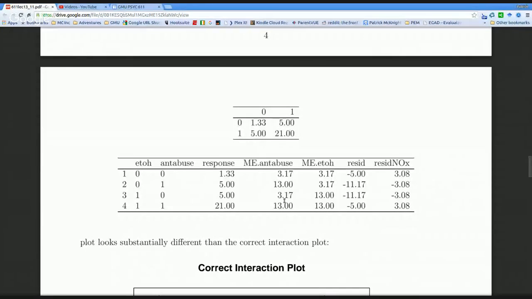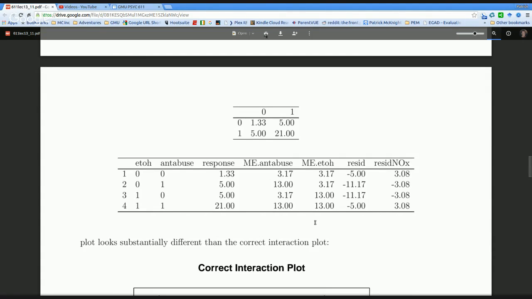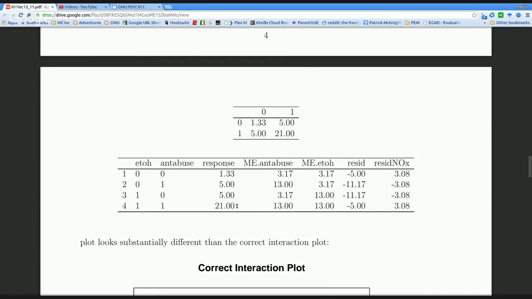Now, I manufactured this data specifically to show a pretty extreme example. But what I've done here is I've calculated the mean response for each one of these things, and then the mean for antabuse and then the mean for alcohol. Why did I do that? Because what I want to show you is that the effects we are calculating are residualized effects when we are testing interactions.